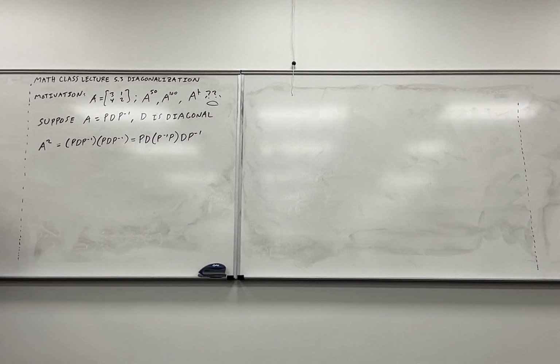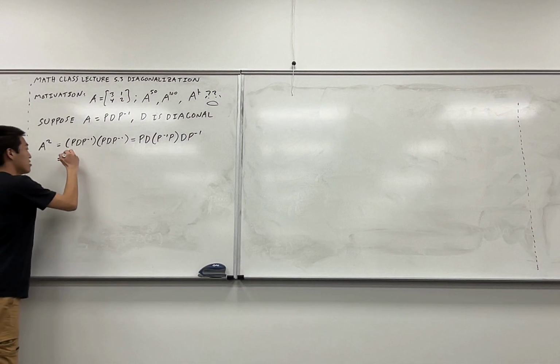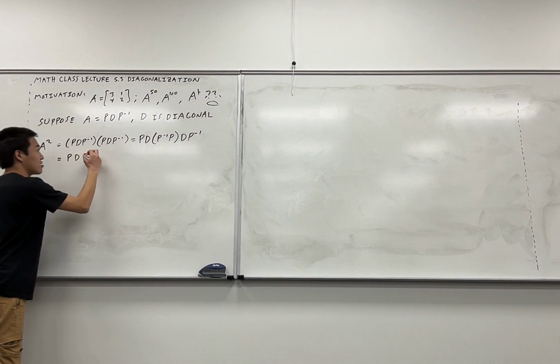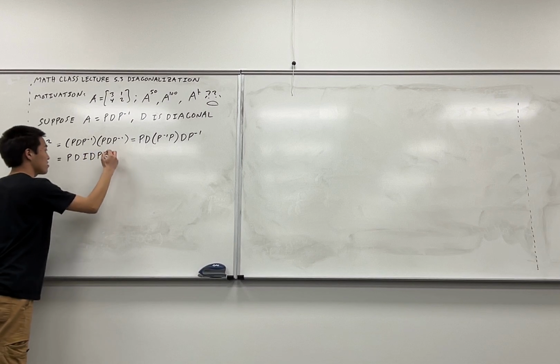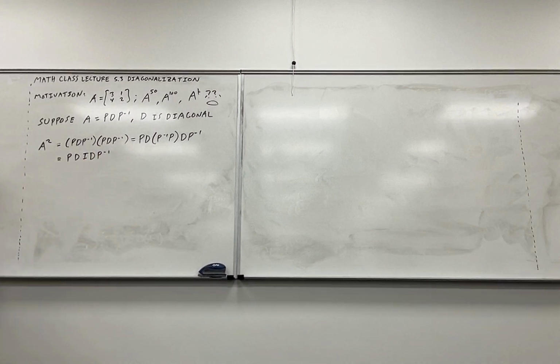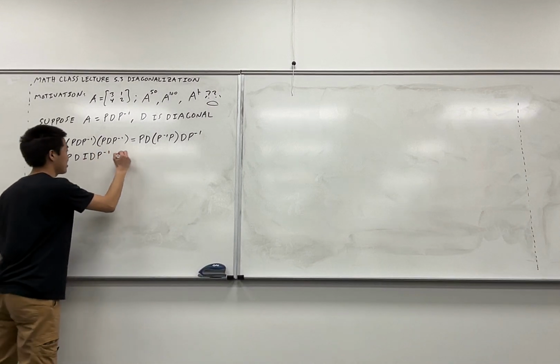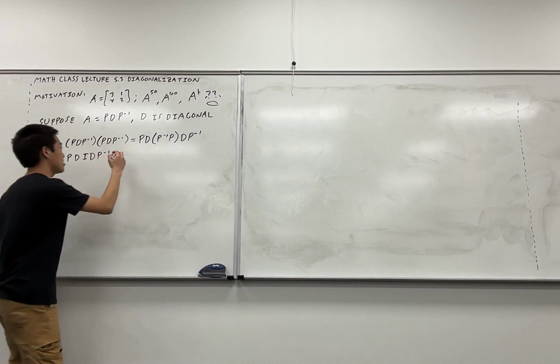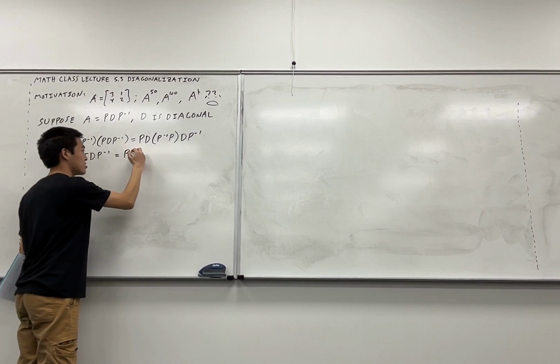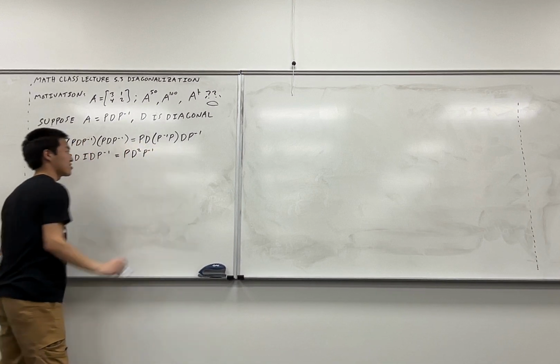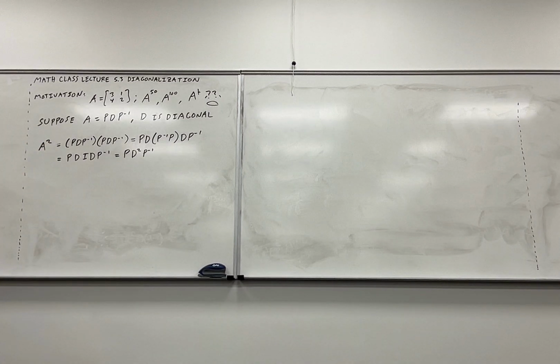What's P inverse P? The identity matrix. Good, so PDI, D, P inverse. And what does the identity do? Nothing, basically. So I have two D's in a row, so it's P D squared P inverse. That's pretty cool.